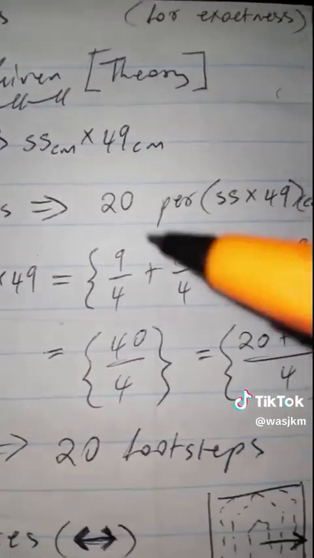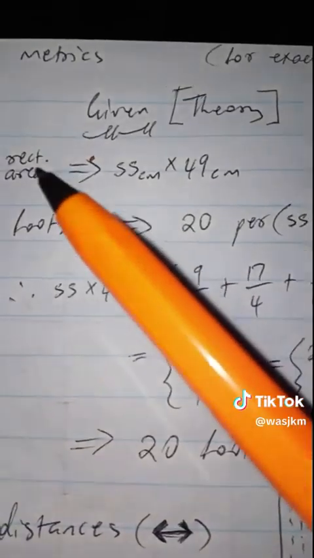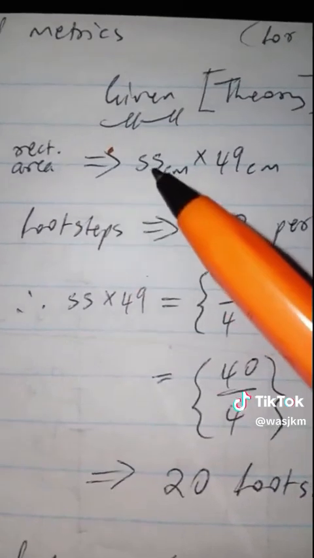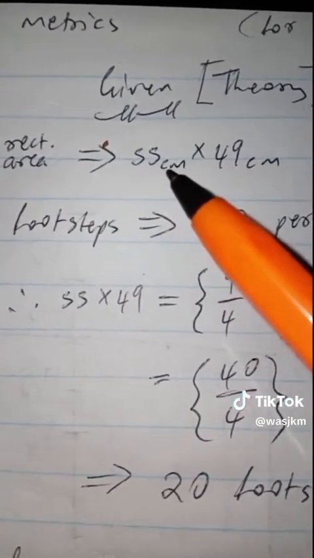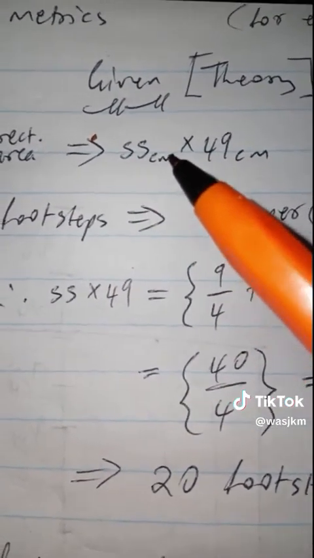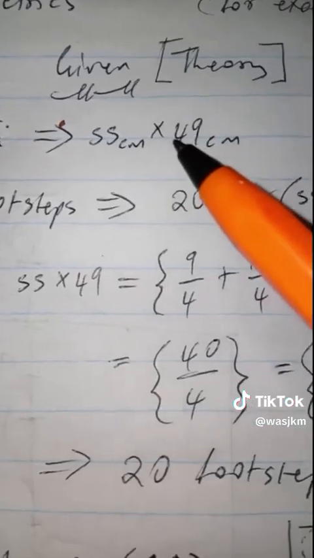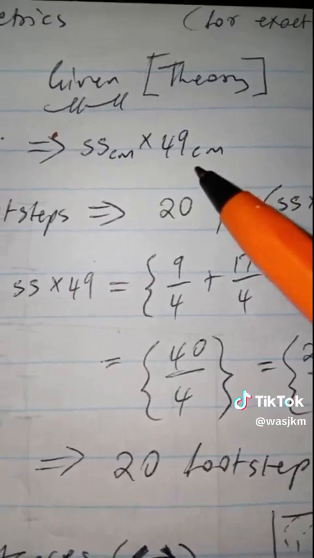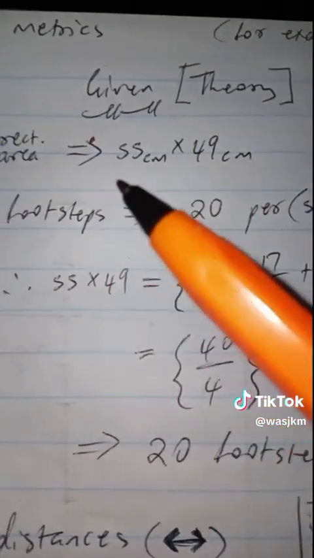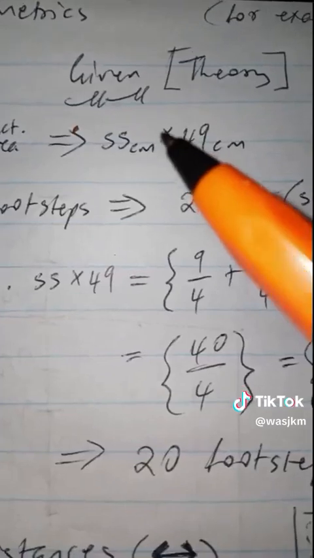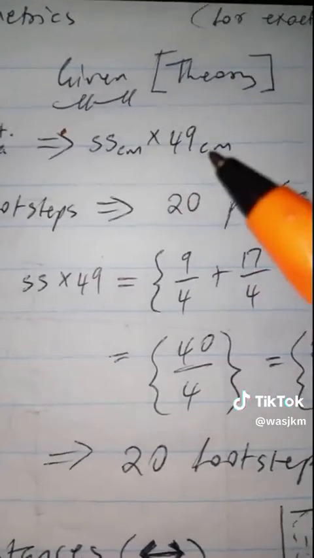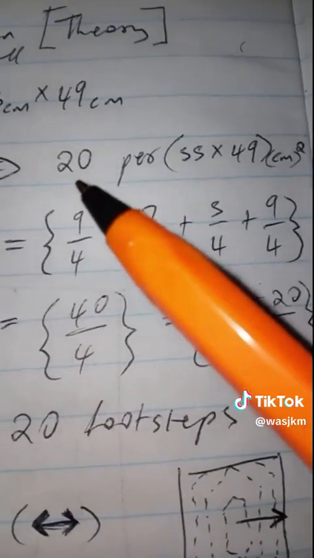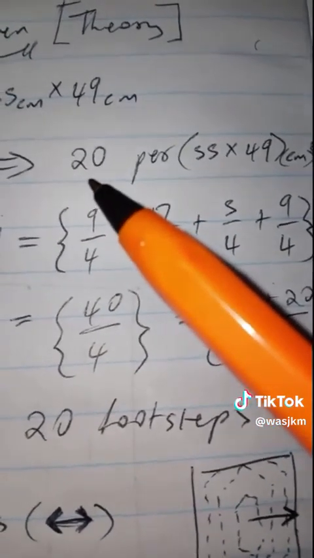It says for a rectangular area of 55 centimeters multiplied by 49 centimeters, the thrower is obliged to take not less than 20 steps backwards from the target board.